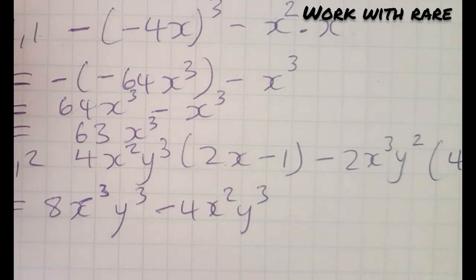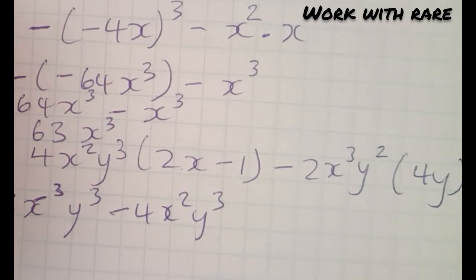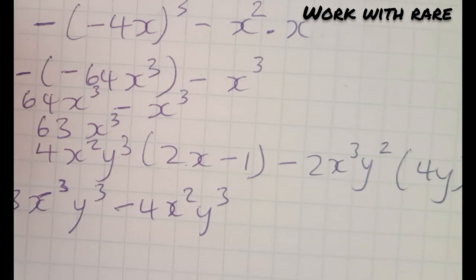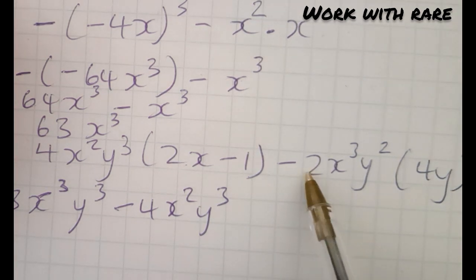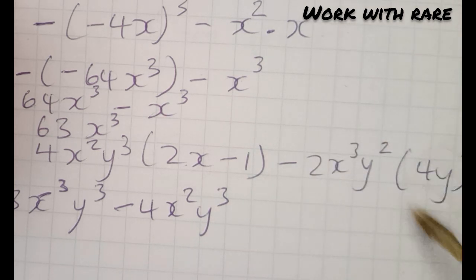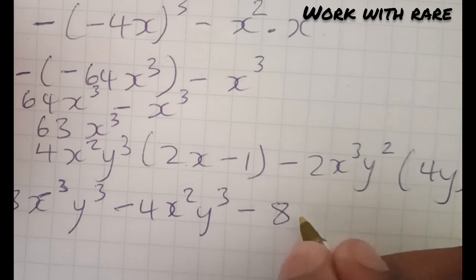Okay, so the next step, we'll say negative. Remember, I'm taking everything that is outside the bracket, multiply with what is inside the bracket. So here we have only 4y, so it will be negative 2 multiplied by 4, which is negative 8.